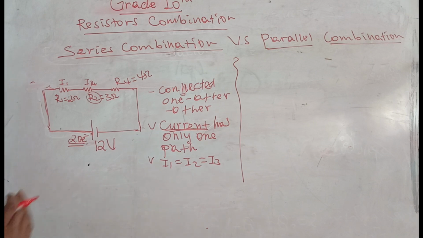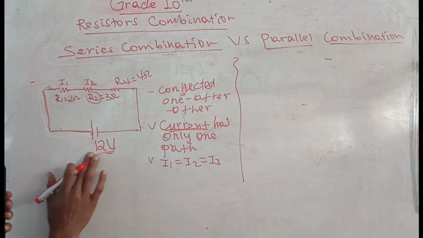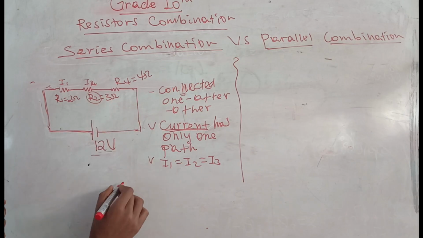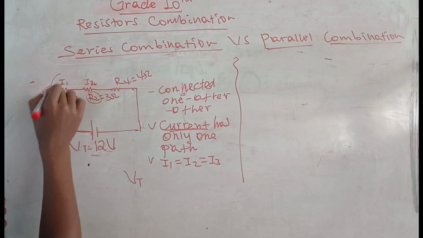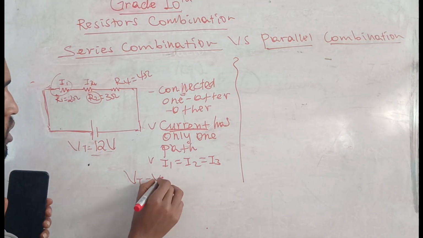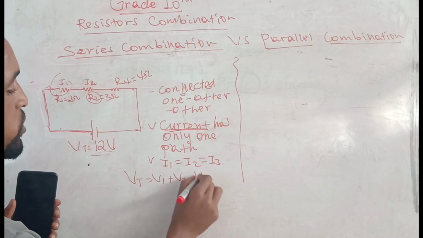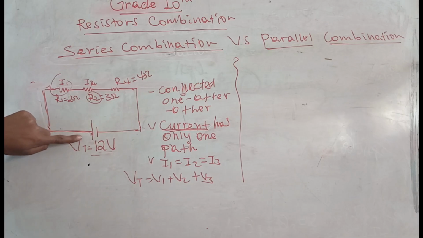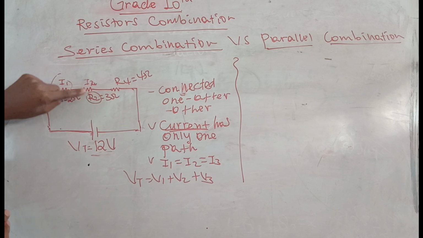What else? The potential difference generated by the battery will be divided among the three resistors. The total voltage from the battery will be dropped here as V1, here as V2, and here as V3. The potential from the battery drops here because it has to move the charge through this resistor.